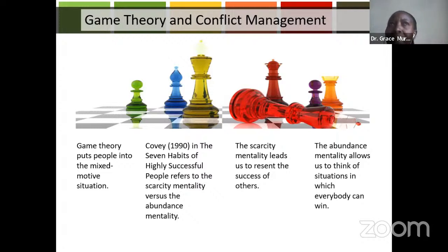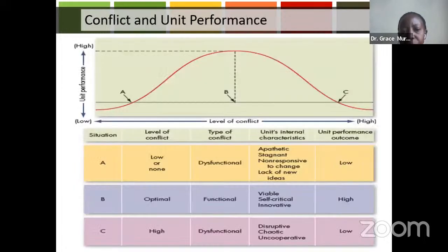We go with the mentality that I can get what I want, but you can also get what you want. If we sit down, we can resolve this issue in a way that is beneficial to all of us. That's the abundance mentality, which is what we need to carry with us when we are going into a conflict management situation. Not just a win-lose, but where we all win.